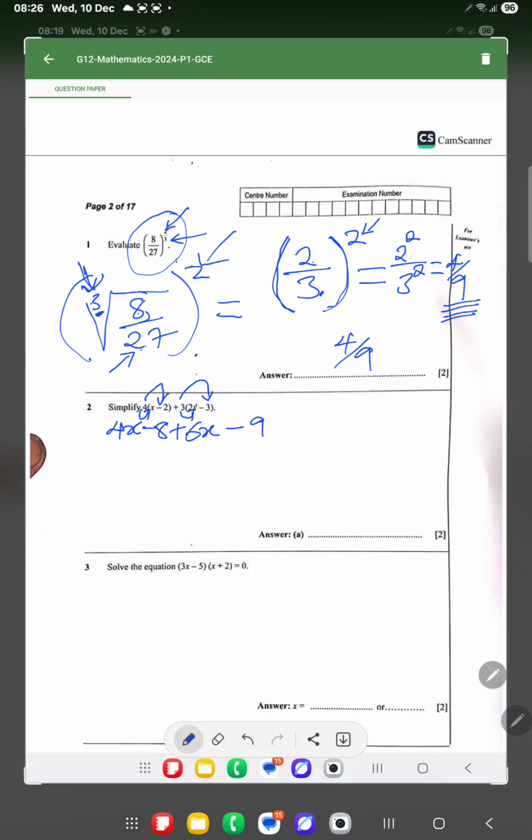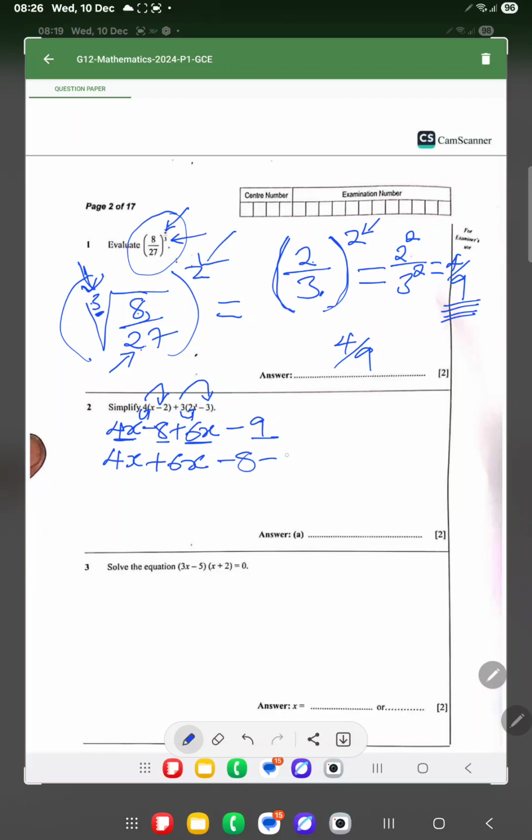Whenever they ask you to simplify, they're asking you to find the answer in its simplest form. So after I've done this, you need to collect like terms. The like terms here are 4x plus 6x, and then you have the minus 8, which you put with minus 9.